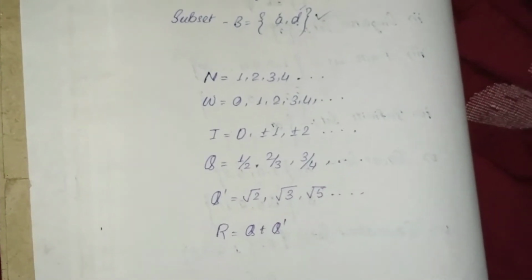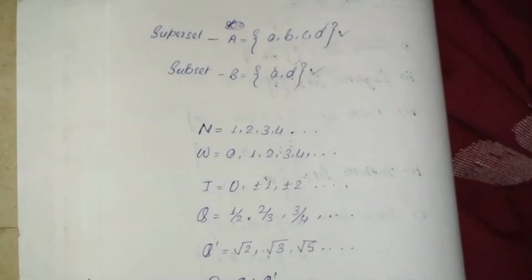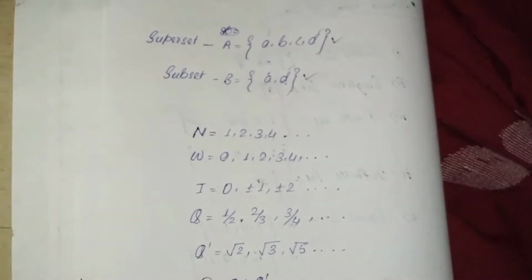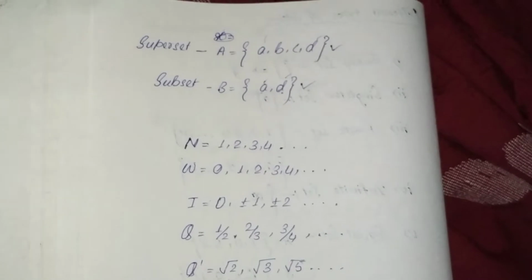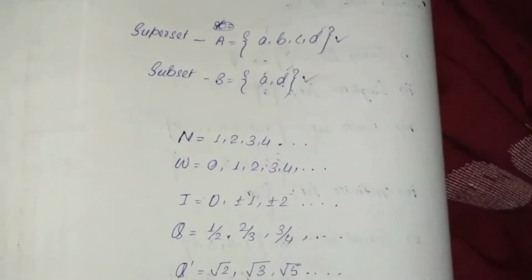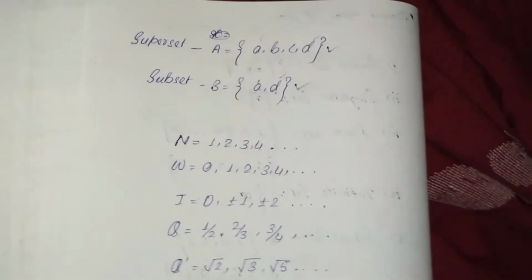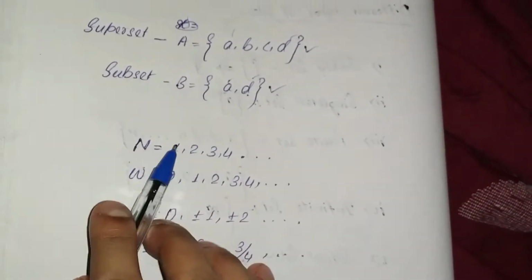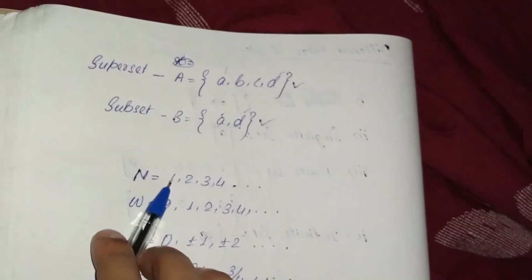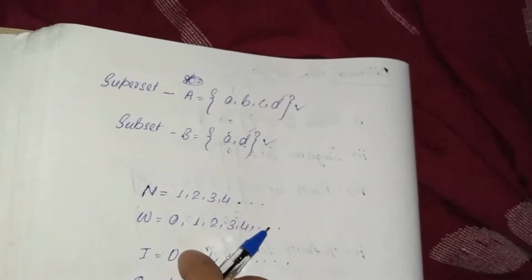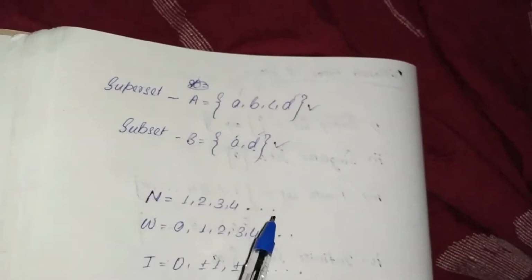So can you tell me, between them all, which number system is the subset of another number system? Look very carefully. Natural numbers start from 1, 2, 3, 4, but whole numbers start from 0, 1, 2, 3, 4. 1, 2, 3, 4 are available in the whole numbers.